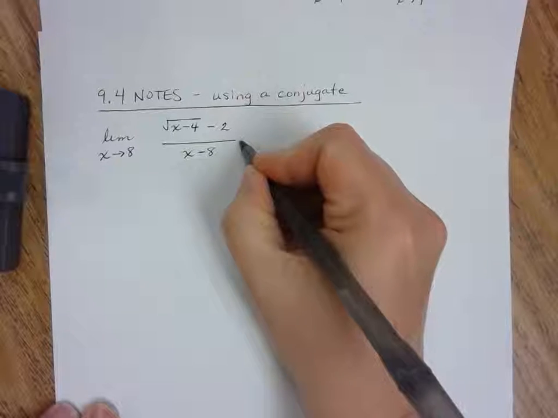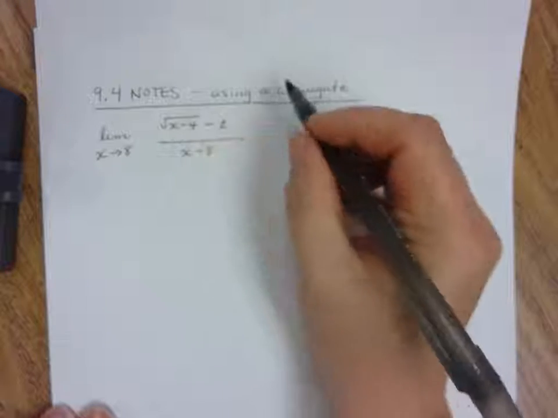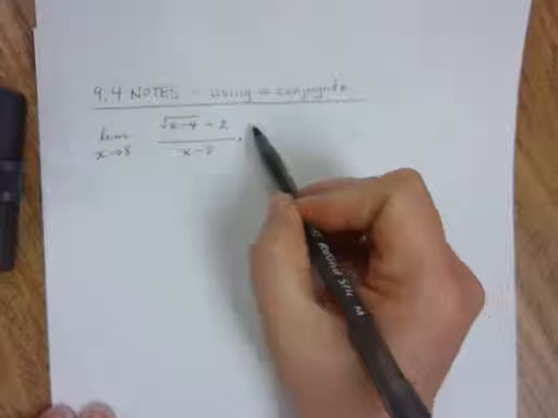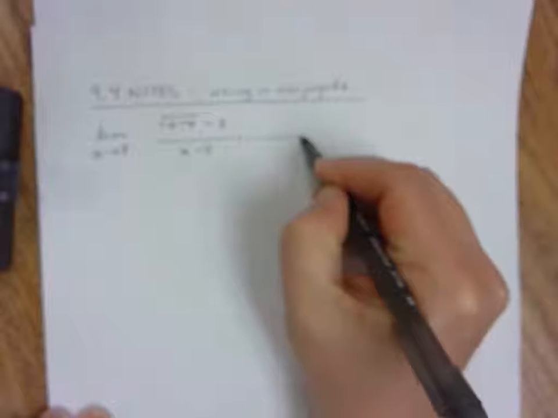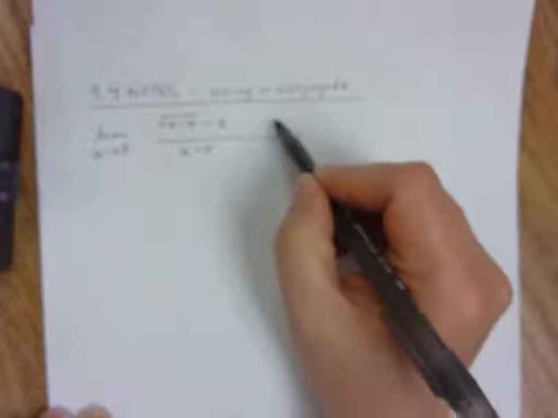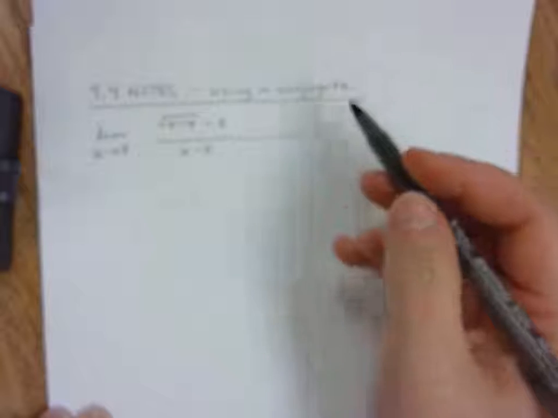And I'm going to multiply this quotient, this fraction, by the same thing top and bottom. The reason we can do that is because if I multiply it by the exact same thing on the top and the bottom in fraction form, well, that's just like multiplying this times 1, because anything over itself is 1.